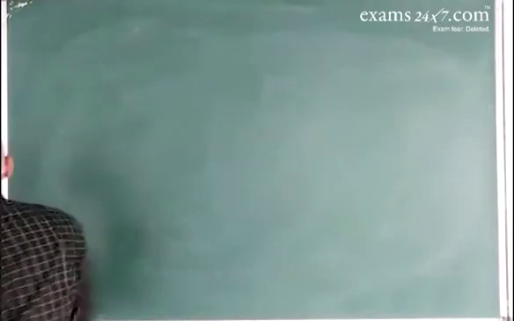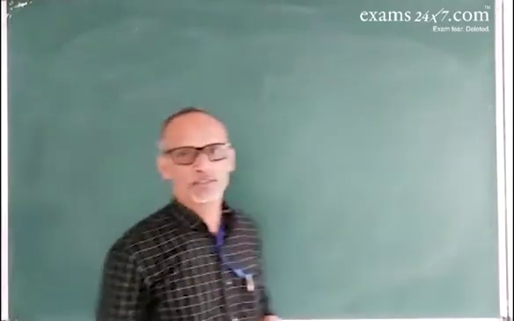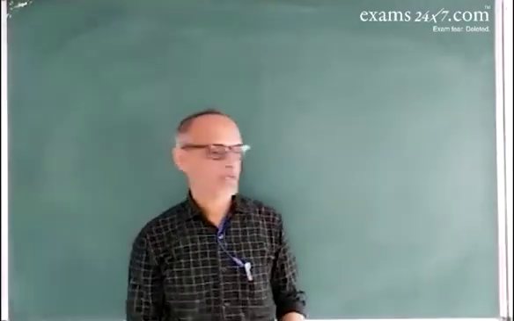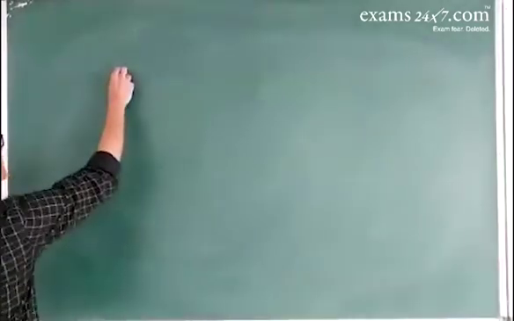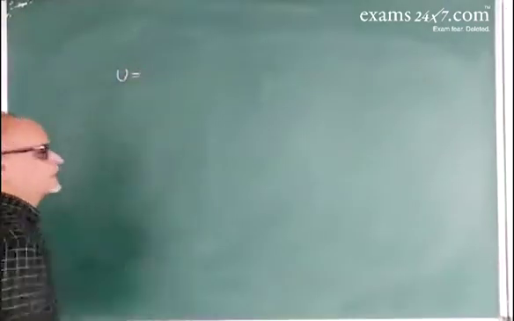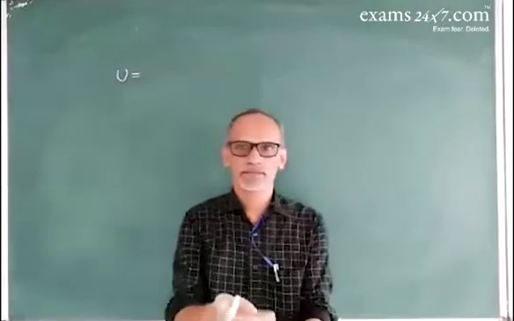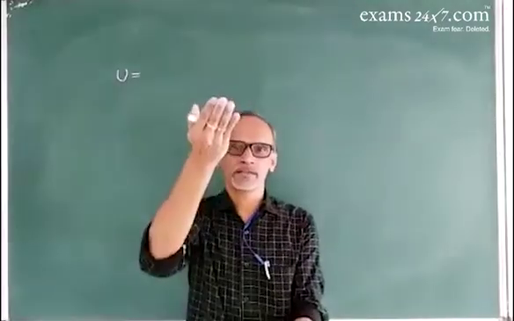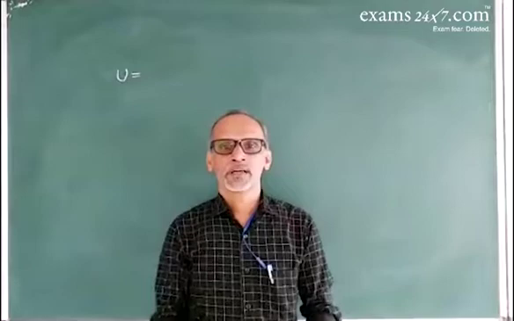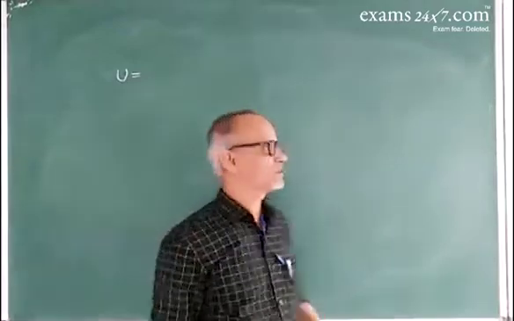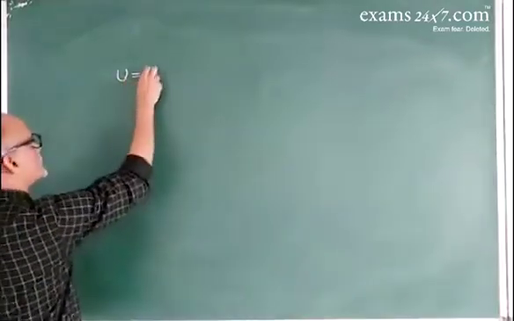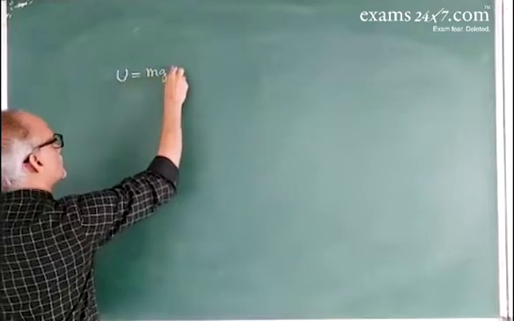Energy possessed by a body due to its position or configuration is called potential energy. So work done in lifting a body from the reference point to a certain height, that is a change in position, is stored as gravitational potential energy, which is given by U is equal to mgh.